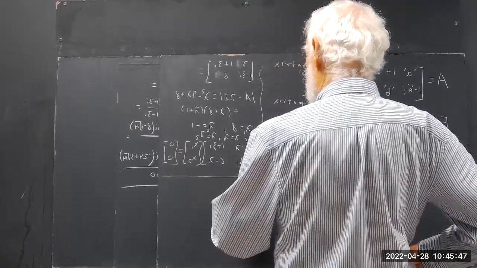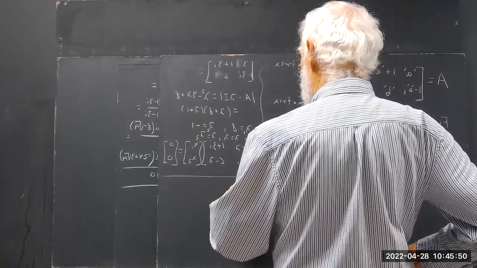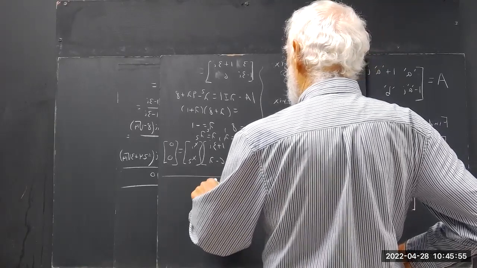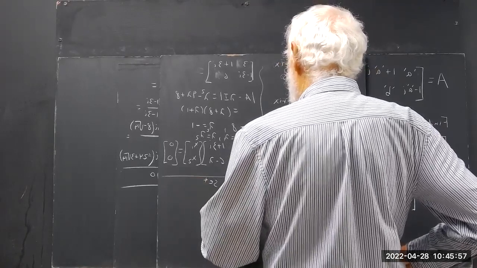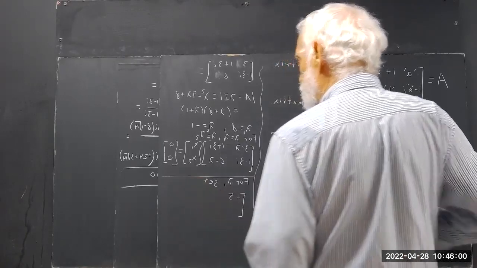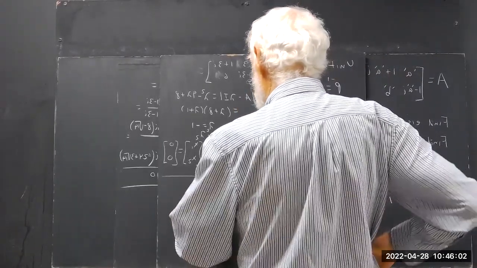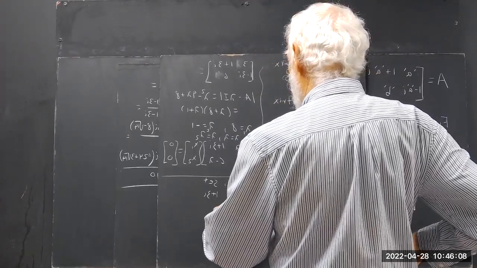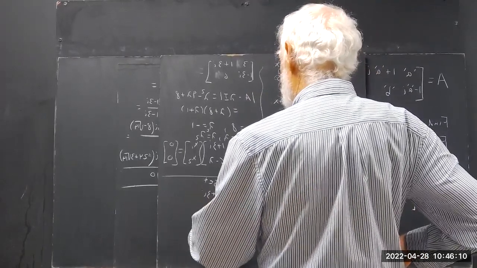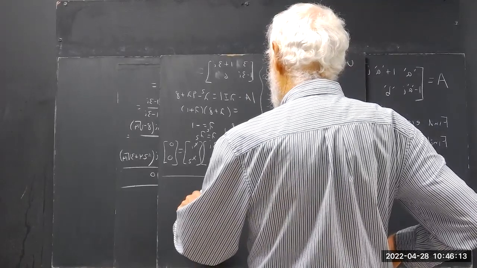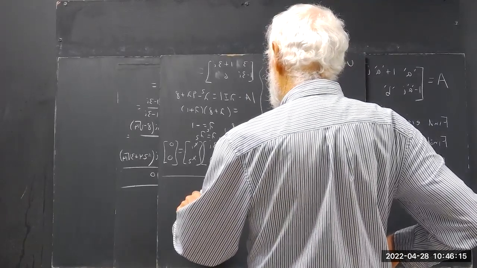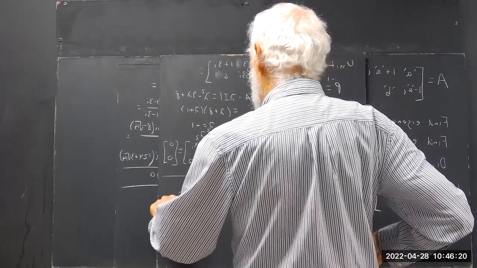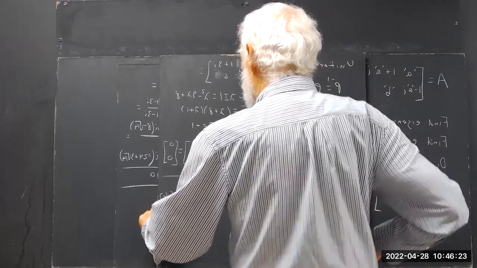Well, for lambda 1, we get -5, 3 minus 8, and 1 plus 3i, and 1 minus 3i, and 6 minus lambda is going to be -2. And there we have it.